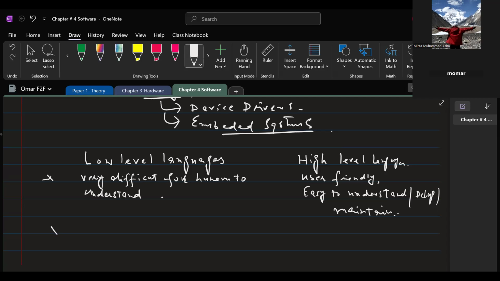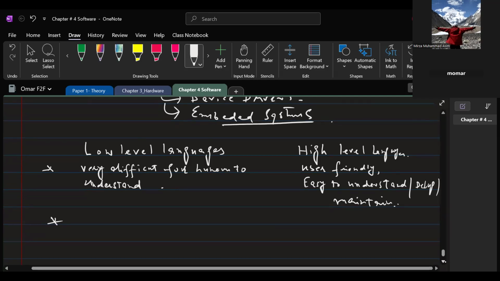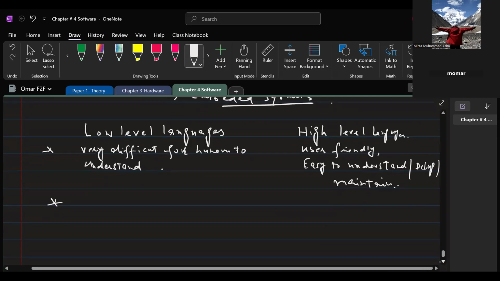But assembly language, a low level language, is very easy for the computer to interpret, right?